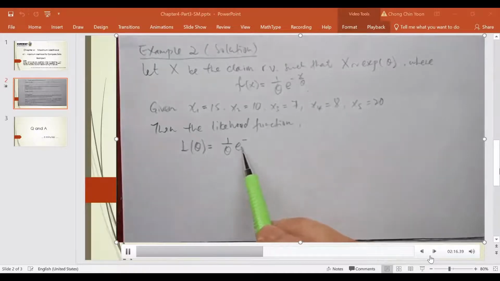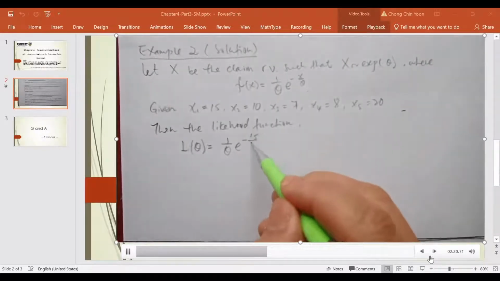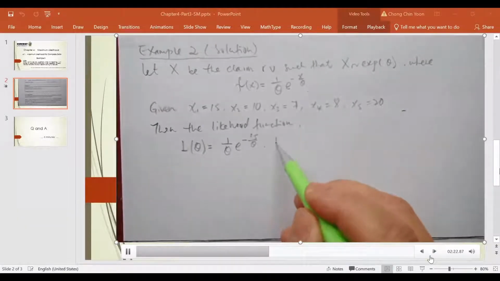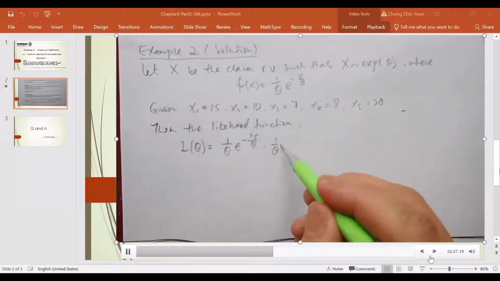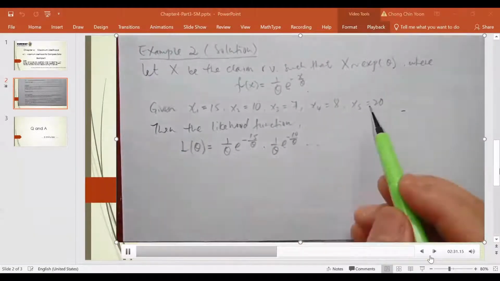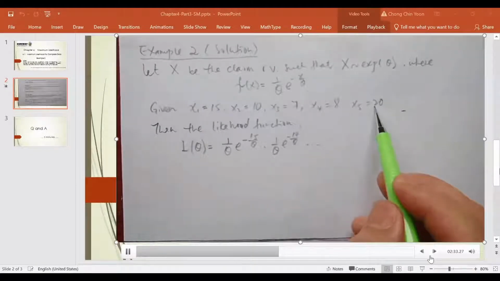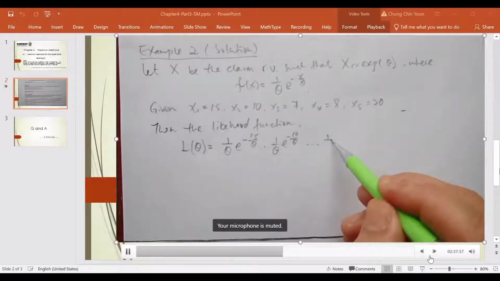The first PDF, when we substitute x as 15, multiplied by the second PDF when we substitute 10, and so on until the 5th observation, 20, is substituted into the PDF.